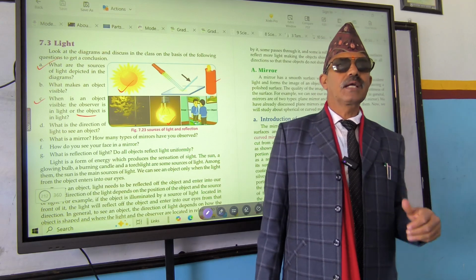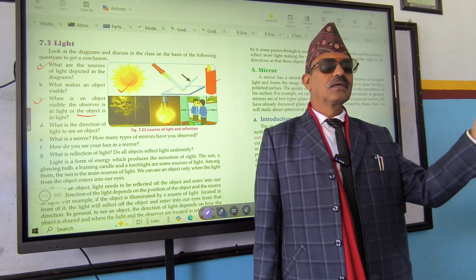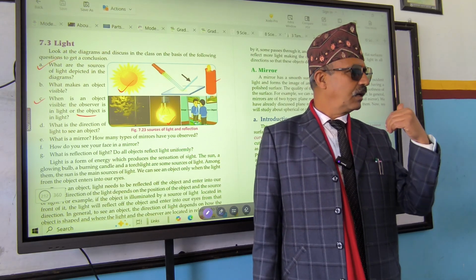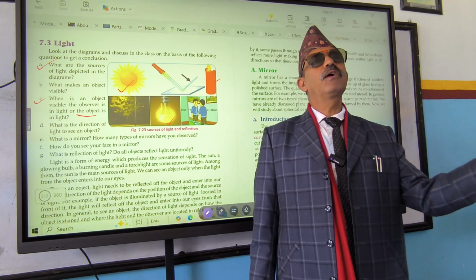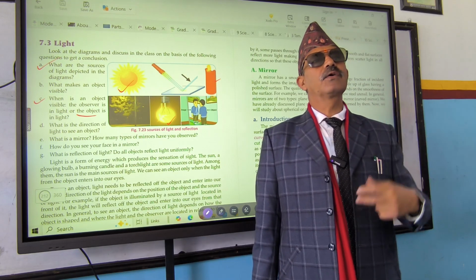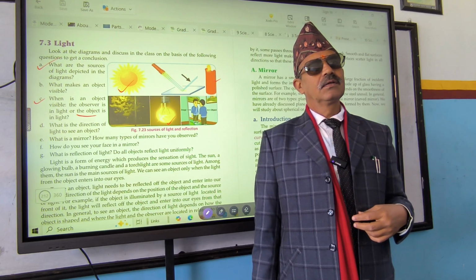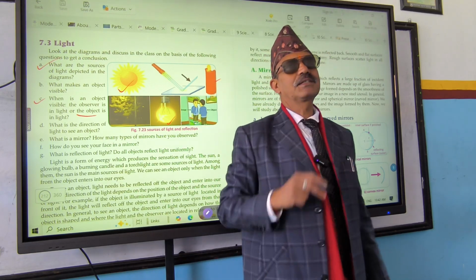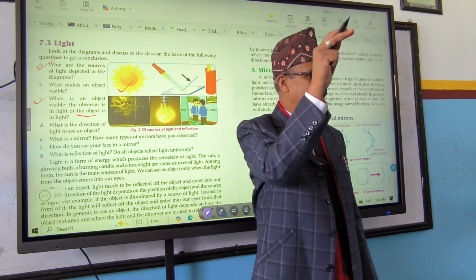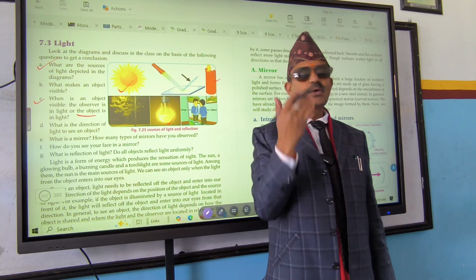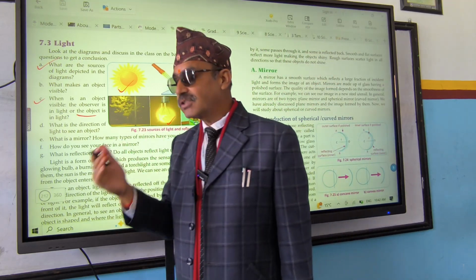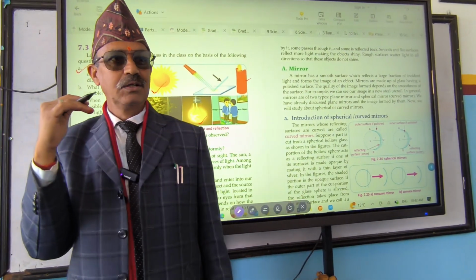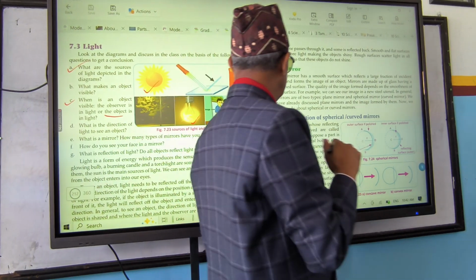But that portion, can I see? No, because the light is not falling on my eyes. So the reflected light must fall in our eyes. If a mirror is kept that side, can I see? Yes, because it reflects light. So reflected light must reach our eyes to see the object, right?